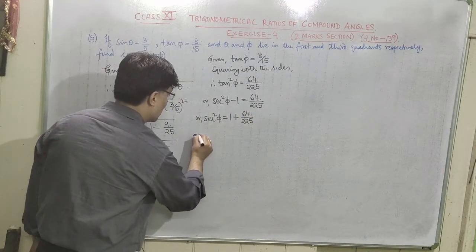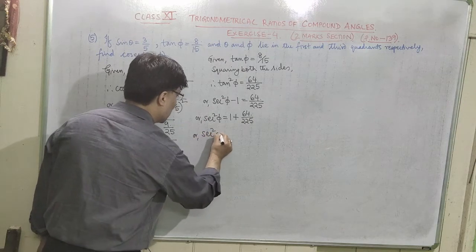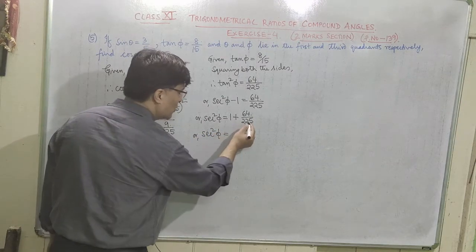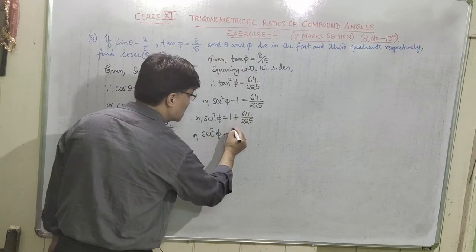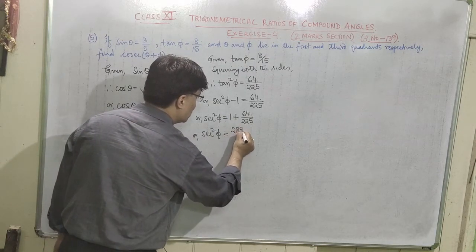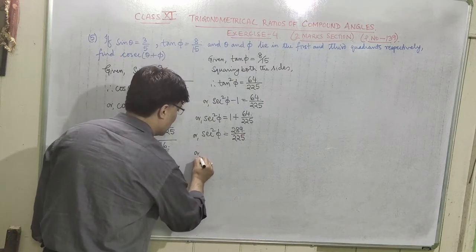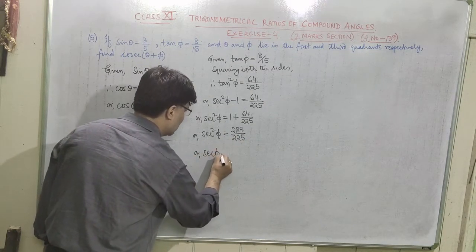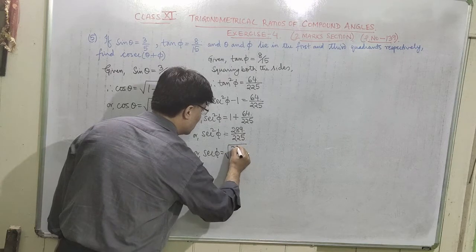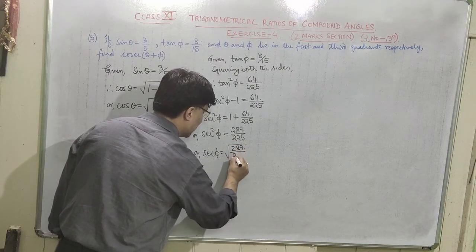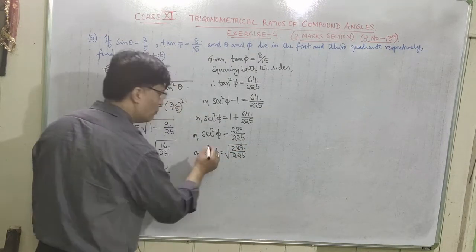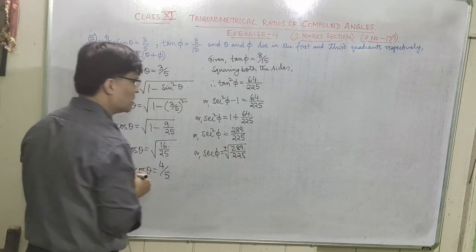What is sec square phi equal to? Now this is 225 plus 64. How much is it? 289 divided by 225. So sec phi is equal to the square root of 289 divided by 225. You have to write down both the signs here, plus minus.